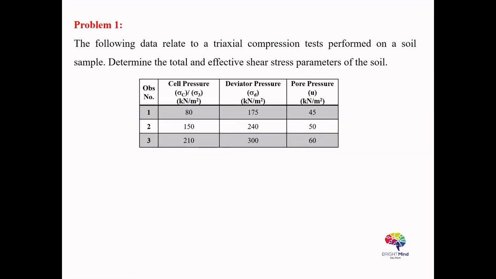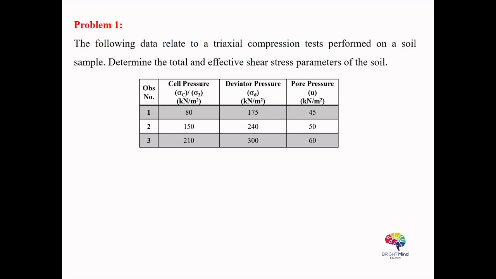The data that is provided to us is the cell pressure, that is sigma c, which is also called the minor principal stress sigma 3, deviator pressure and pore pressure.